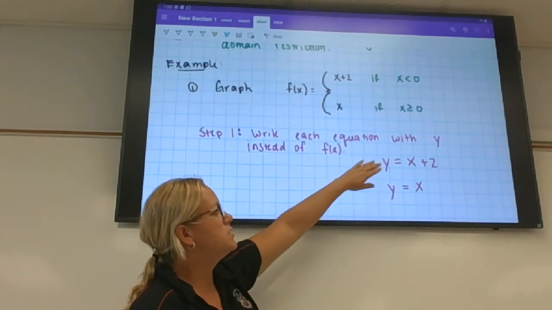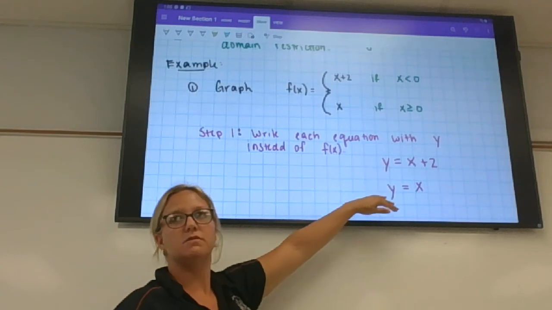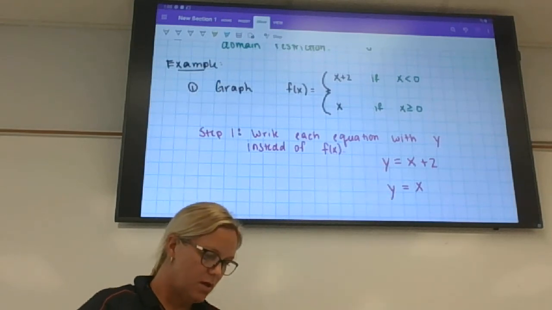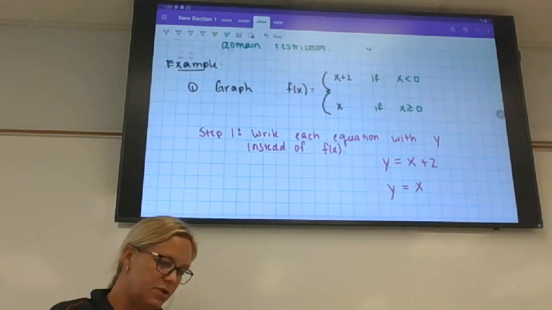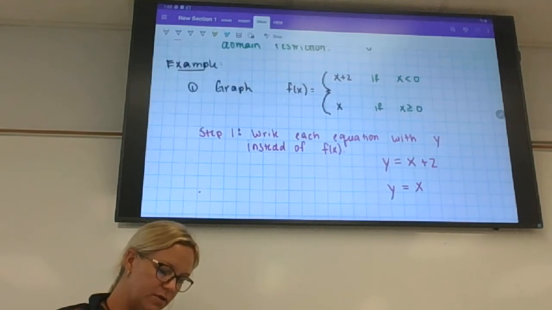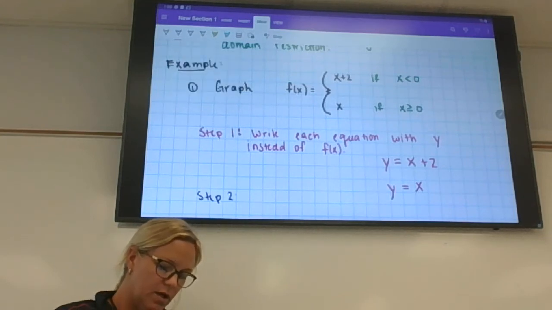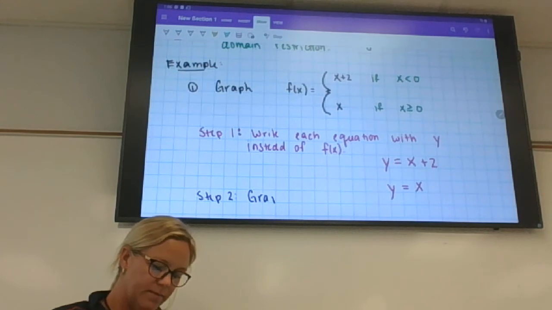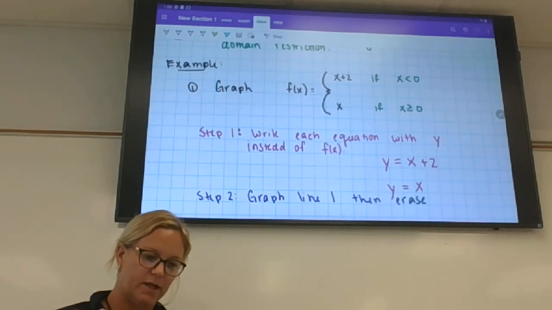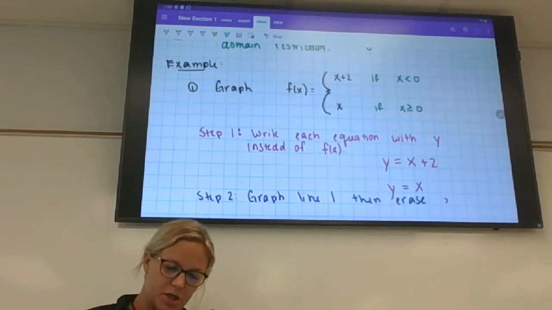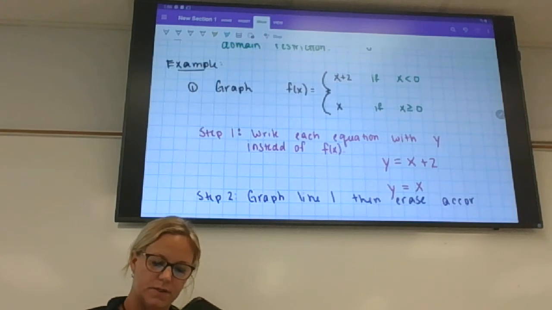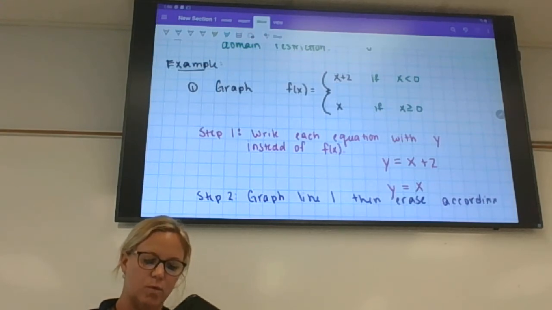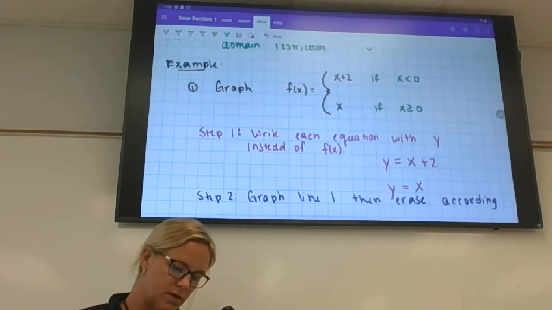So you can look at the 2 parts as their own independent lines when you graph them. So step 2, graph them both. So we're going to graph line 1, then erase according to the restriction. So we graph and erase line 1 before we hit line 2.